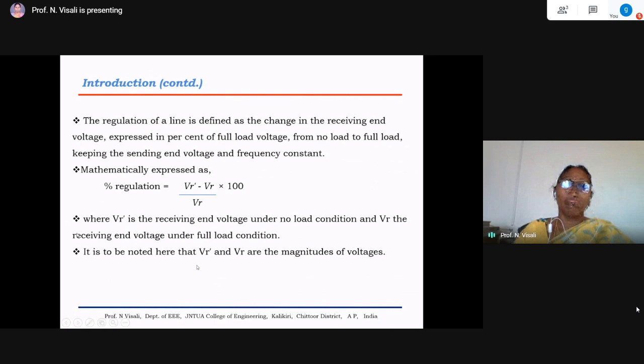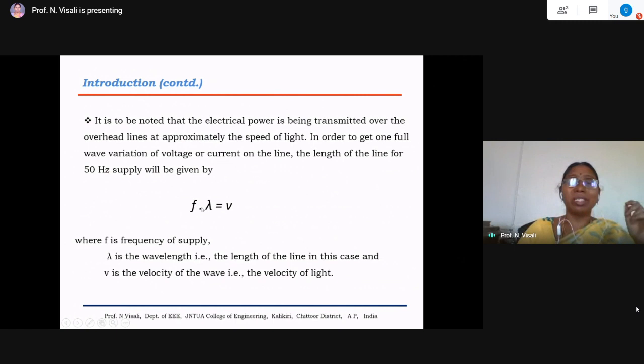Then there is another important thing you have to remember. Electrical power is transmitted over overhead lines at approximately the speed of light. So what is one full cycle of voltage and current on the line?